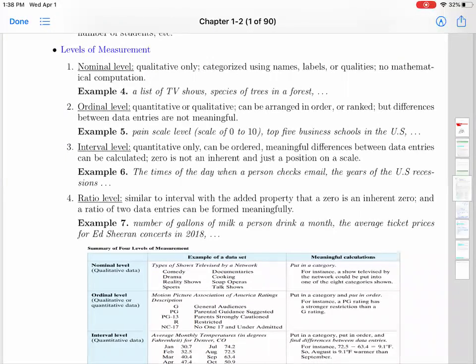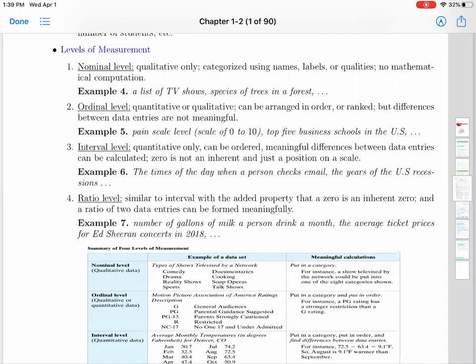If you use data to categorize using names, labels, or qualities, with no mathematical computations, the data is at the nominal level. An example is a list of TV shows or species of trees in the forest.